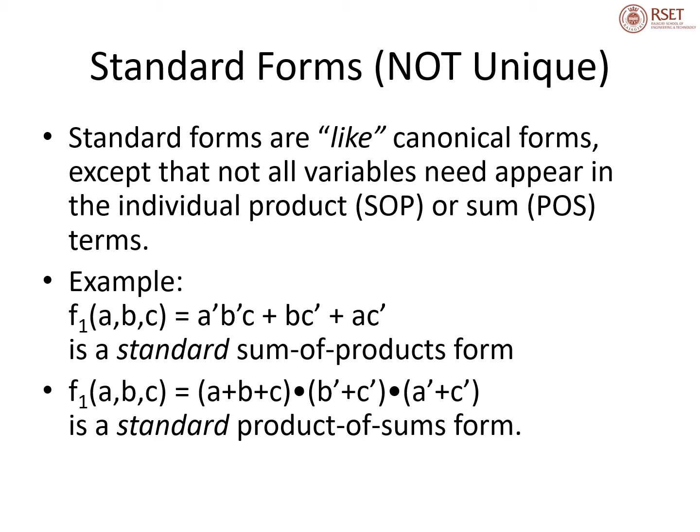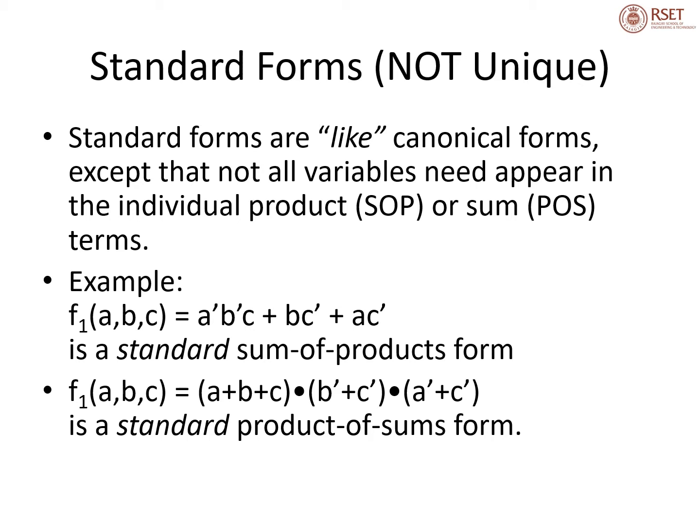As we have seen in the previous slides, we have all the A, B, C variables occurring as terms or factors. But in the standard form, when you consider the function f1, you can write the function as a bar b bar c plus b c bar plus a c bar. As you could see, in the second term you don't have the a variable, and in the third term you don't have the b variable.